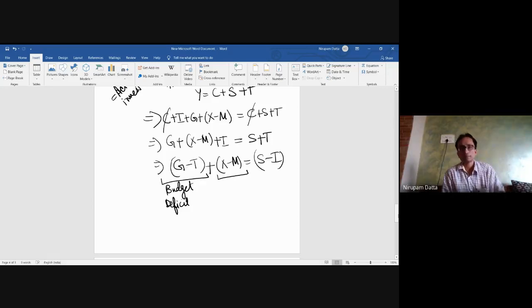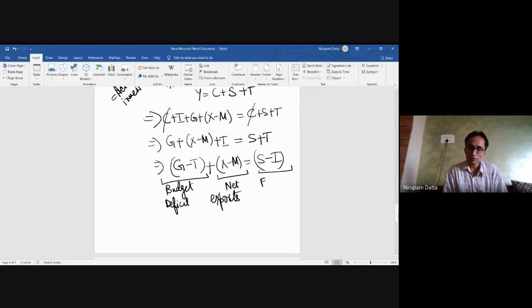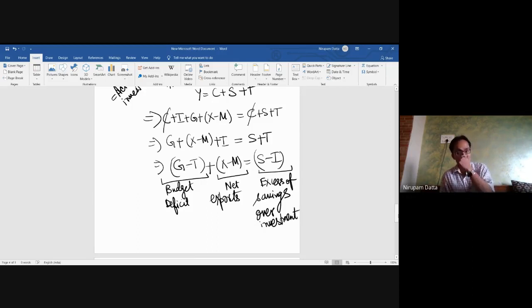What is X minus M? Net exports. And S minus I is the excess of savings over investment.